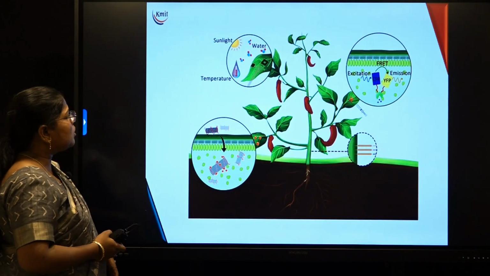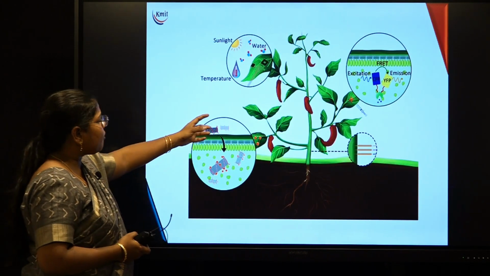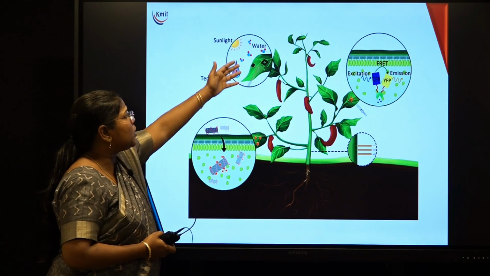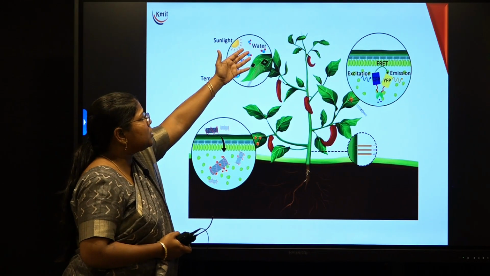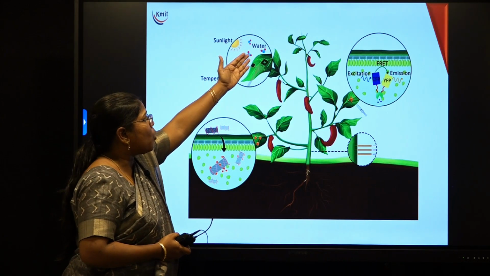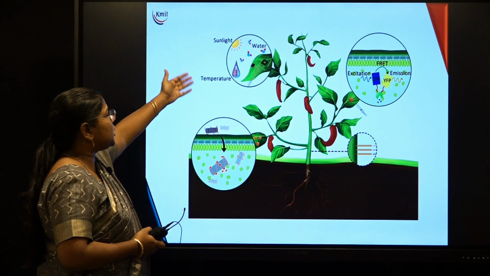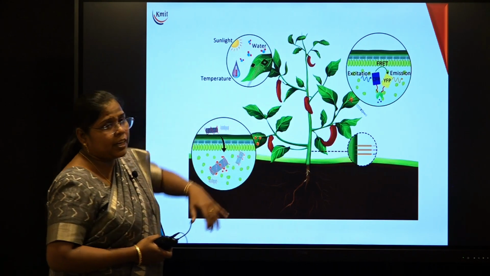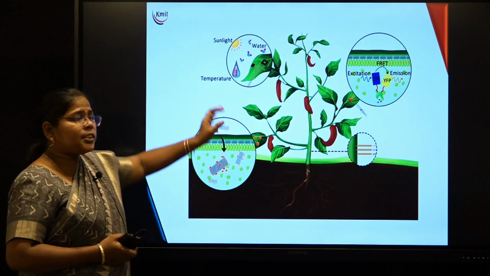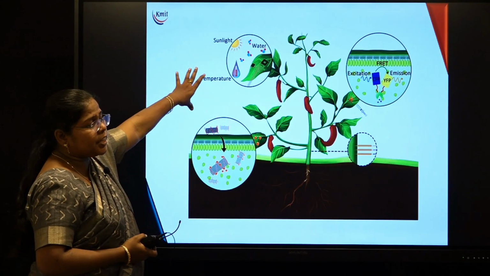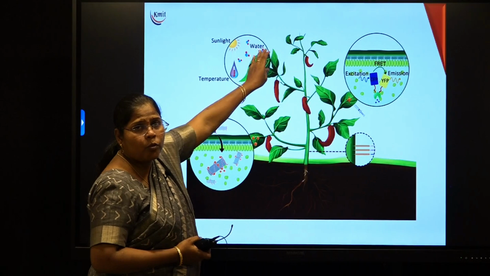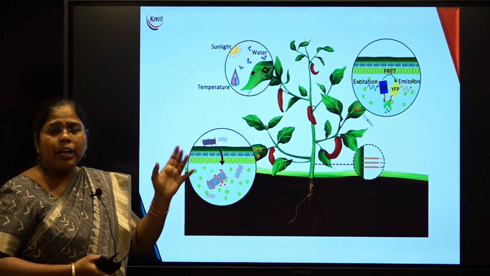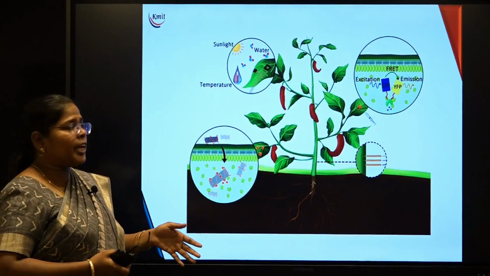Coming to one more, we have the nano sensors. The sensors will tell us the water content or moisture in the plant, the temperature at which it is growing and how much sunlight it gets. So, we get the sunlight data, the temperature data and the water data, and we can keep them in different columns of a CSV file or an Excel file.